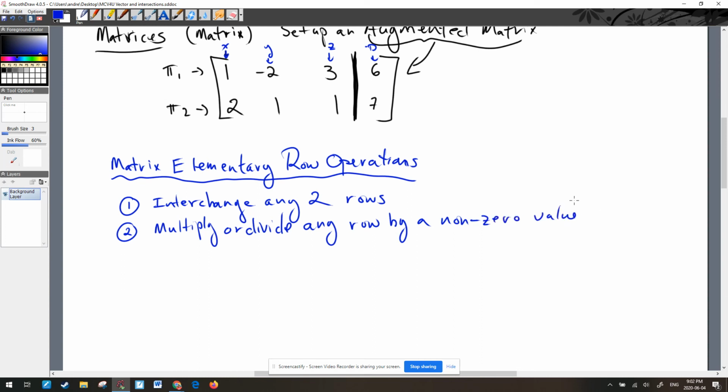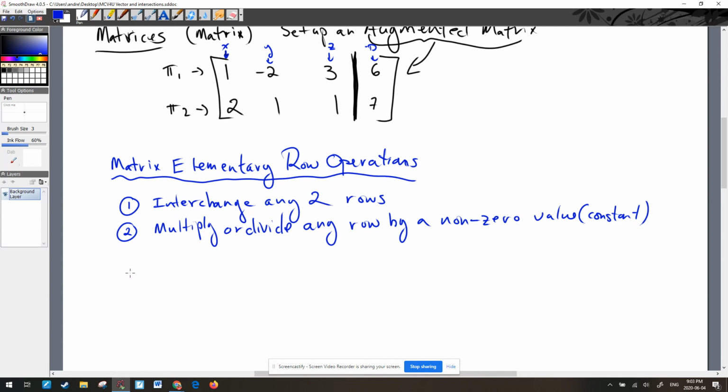You can take an entire row and multiply it by a non-zero constant, because you can't multiply the first piece of it by one thing and the second piece by another. You could say, I'm going to take the entire first row and multiply it by -6. That wouldn't be advantageous here, but that would be a valid elementary row operation.